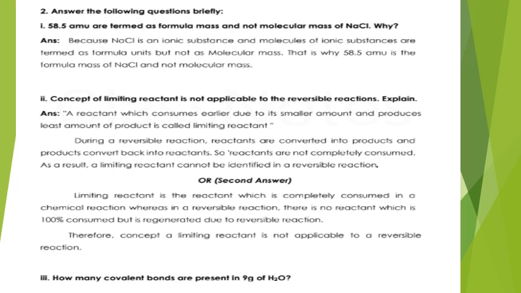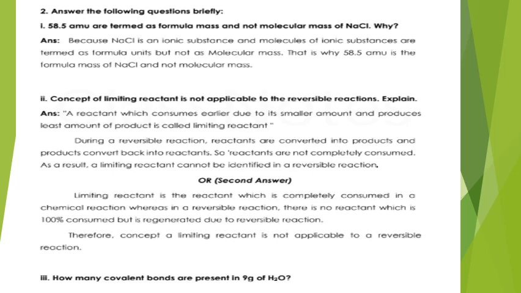So it is the correct statement that 58.5 AMU is termed a formula mass but not the molecular mass, and ionic compounds cannot be given by molecular formulas. They are only given by their formula units or chemical formulas.